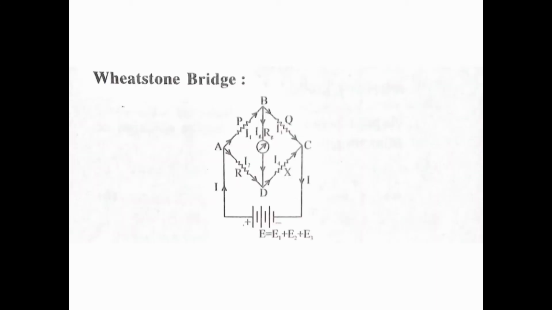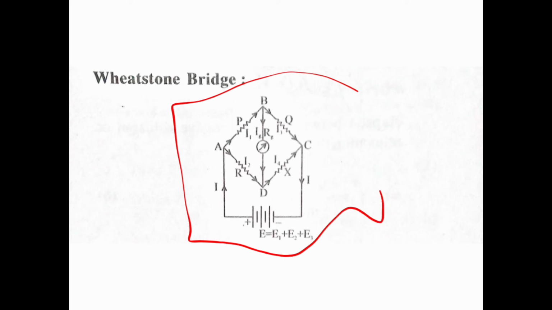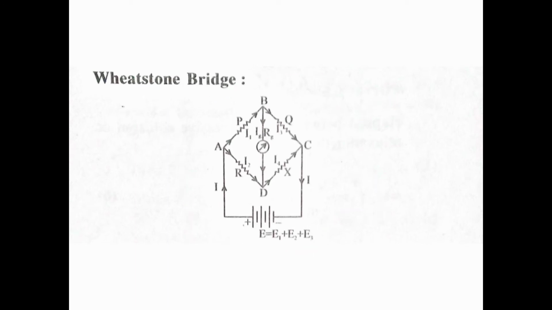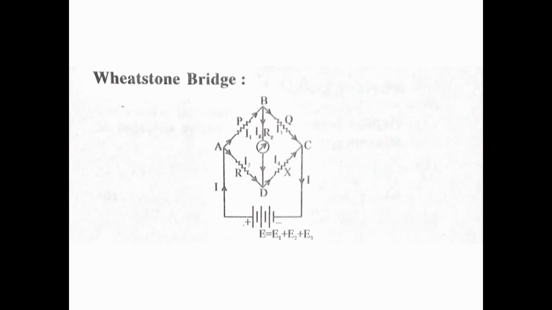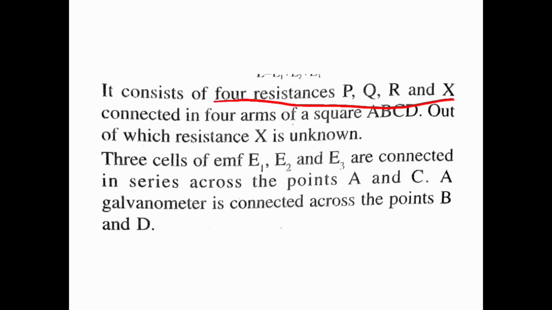So now we have to apply this Kirchhoff's law in a Wheatstone bridge. Okay. So let us consider a Wheatstone bridge. It consists of 4 resistances. In this Wheatstone bridge, 4 resistances P, Q, R and X are present, connected in the 4 arms of a square ABCD.